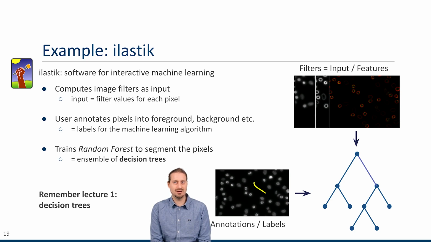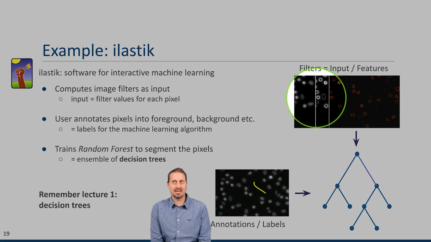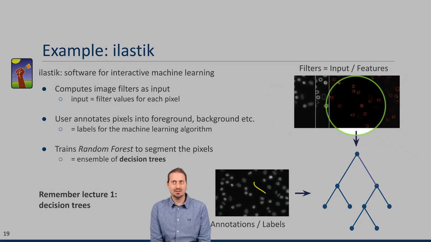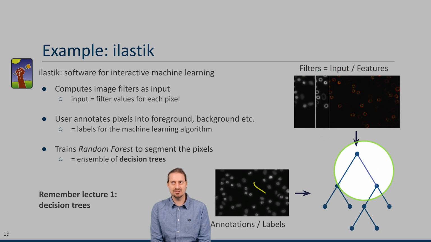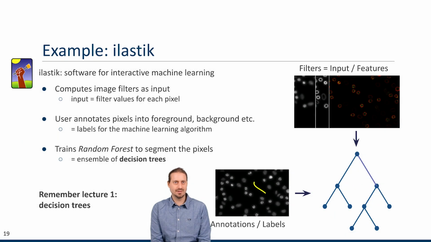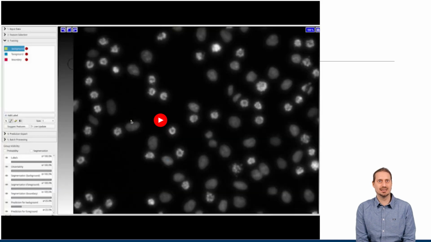The way this is trained, as we've outlined already, is that we stack together these different features or filters and use this as input to our machine learning model. So this is the input or features. And then we have the annotations from the user, which are these brush strokes that tell us for the pixels under the brush strokes if this is foreground or background. Based on this, we train this model and can apply it to the rest of the data.